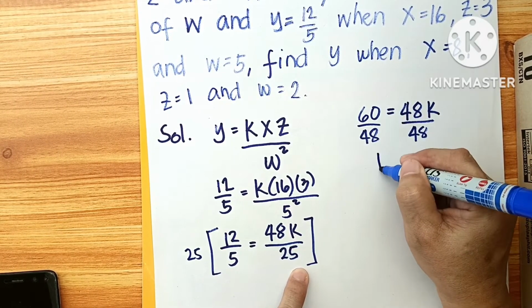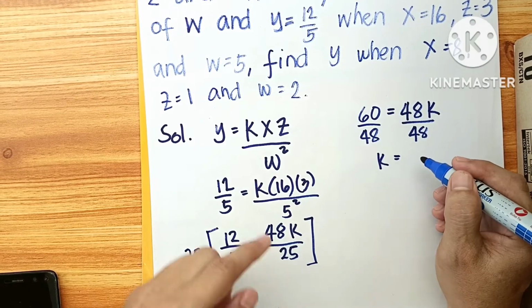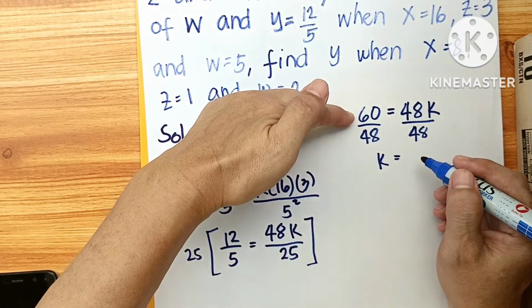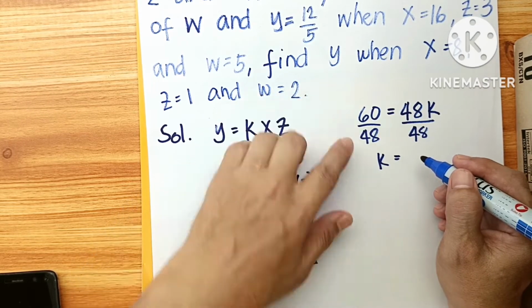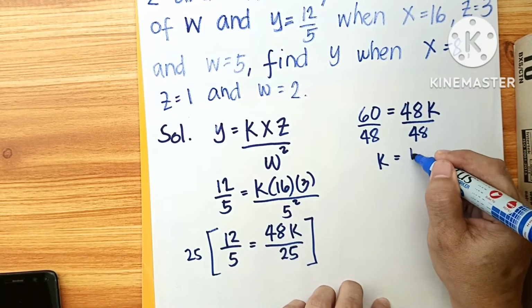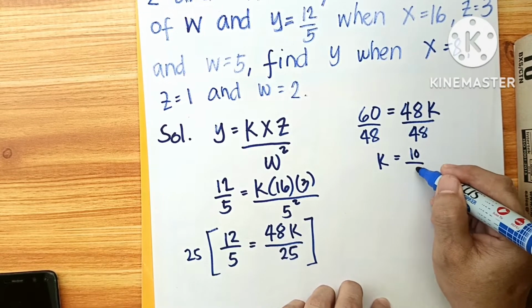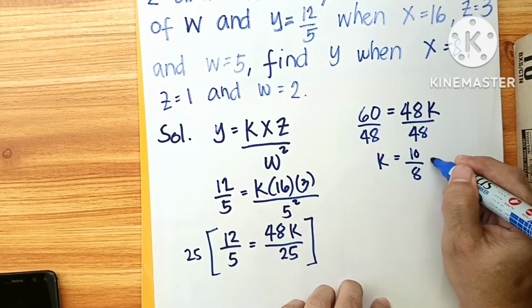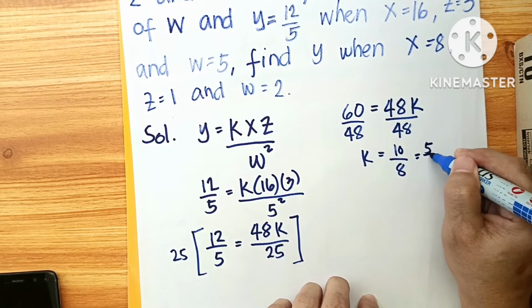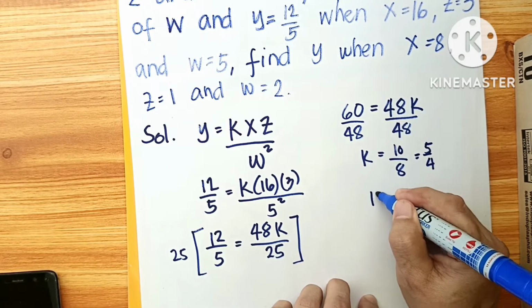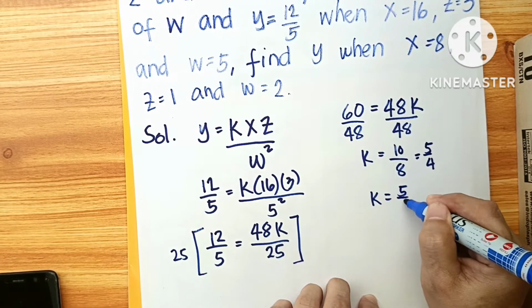So, k now is what? We reduce to lowest terms by dividing both by 6, right? It can be divided by 6. So, that is 10 over 8. Okay, we can still divide by 2. So, that's 5 over 4. Okay, so k is equal to 5 over 4.